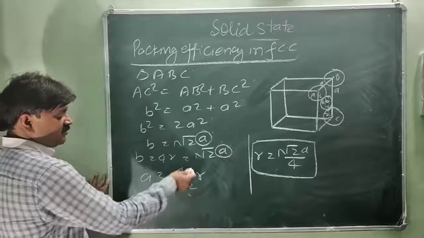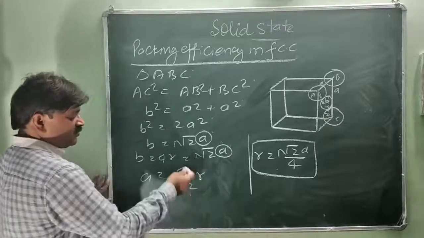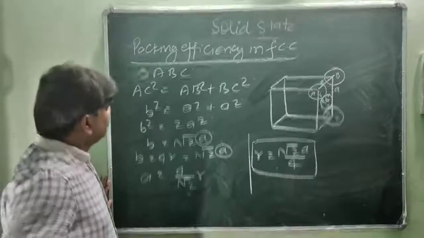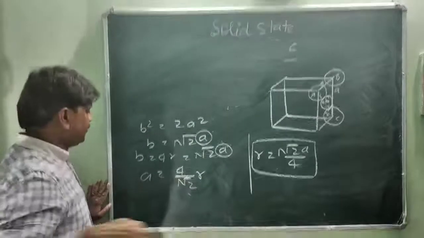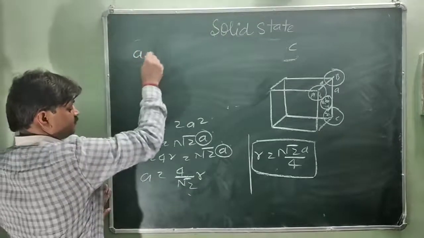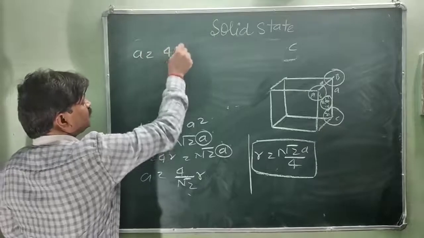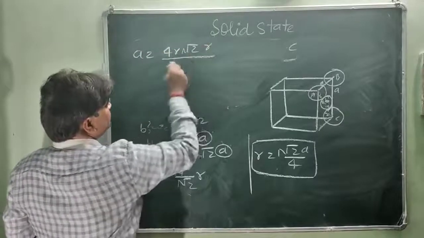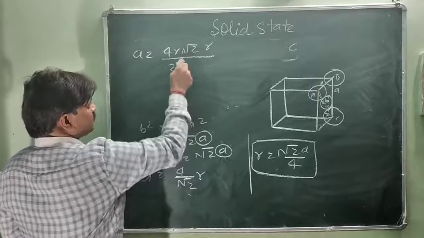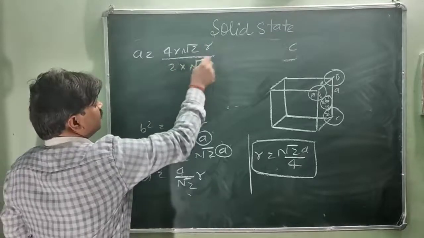Now we can multiply above and below by root 2. Here you will see A is equal to 4 into root 2 R upon 2 root 2 into root 2.